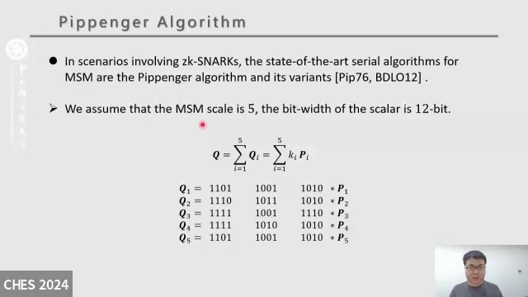We assume that the MSM scale is 5 and the bit width of the scalar is 12 bits. Suppose that we want to compute the sum of these Q_i. So first we can express all these scalars in their binary form just like this.